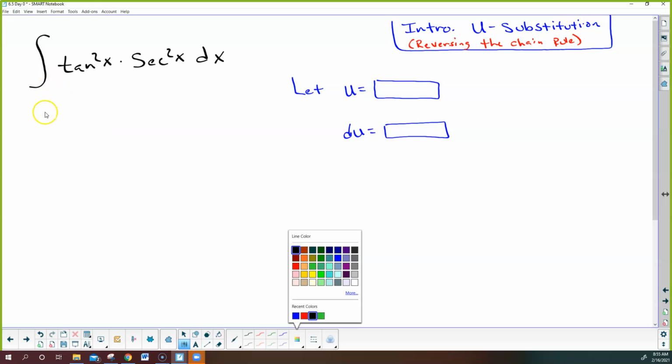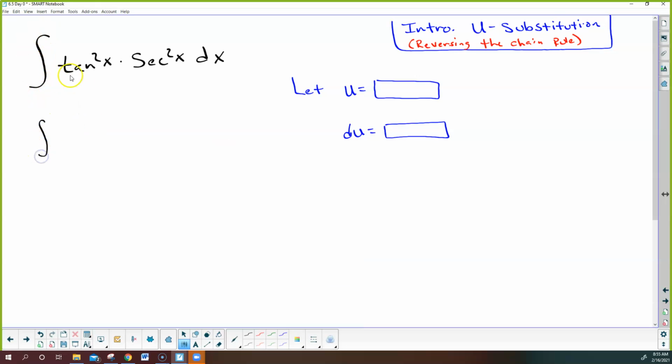So hear me out on this. I'm going to give this original equation a little bit of a rewrite. And I'm only going to do it to the tangent part. Remember when I have tangent squared, I can think of that as tangent and then squared.